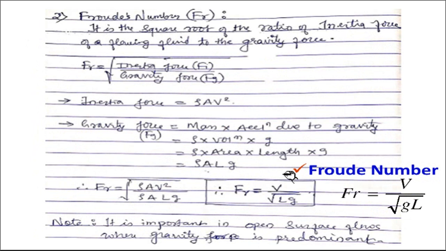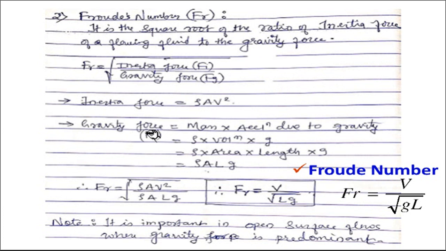The second important dimensionless number is Froude's number. It is the square root of the ratio of inertia force to the gravity force in a fluid. Inertia force is already expressed as rho a v square.